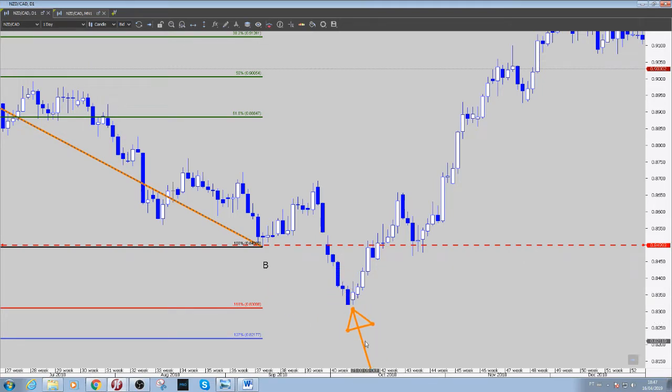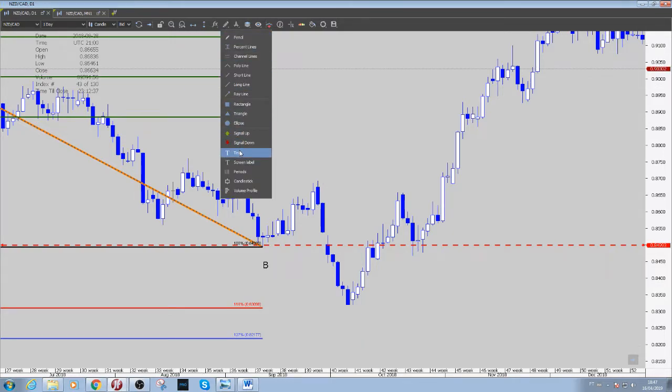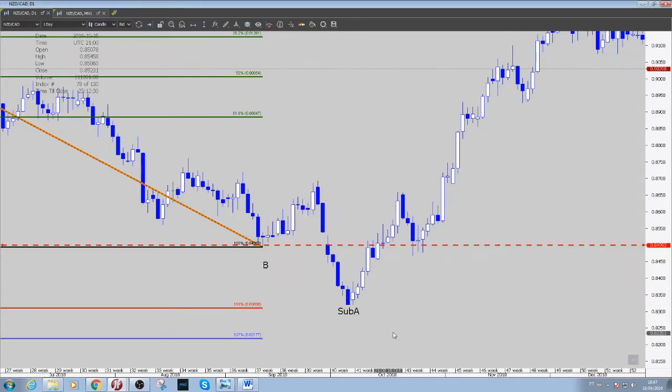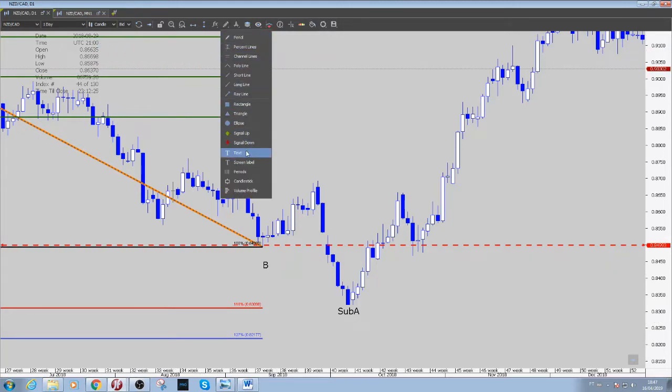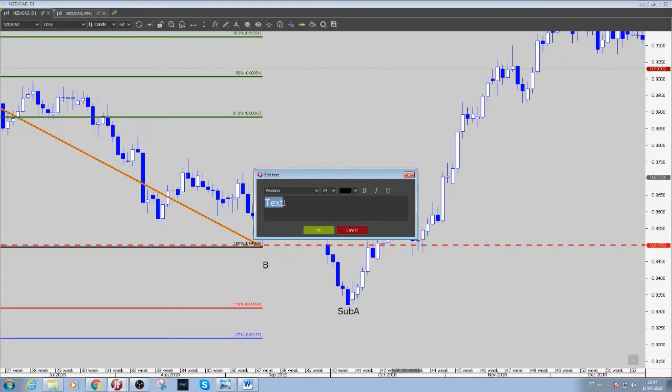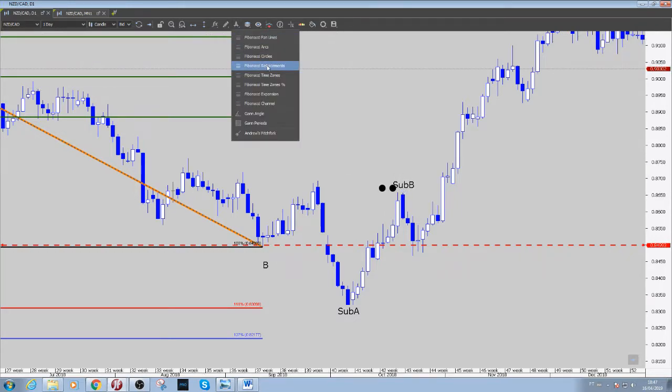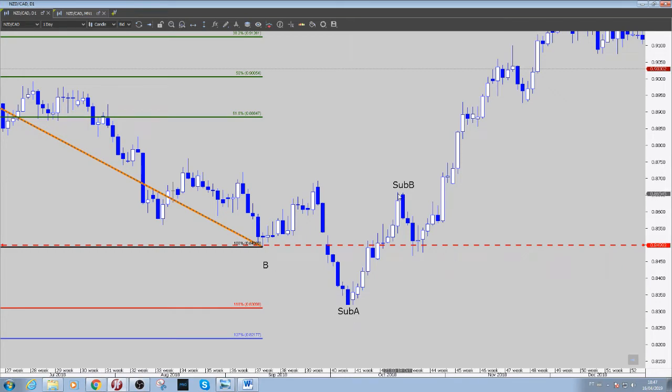This is the starting point of the retracement, so I'm going to delete the arrow. This is going to be our sub A in here, and the first high as soon as possible after the sub A is the sub B, which is in here. Okay, Fibonacci retracement tool.